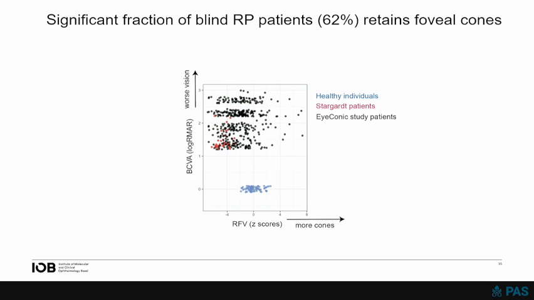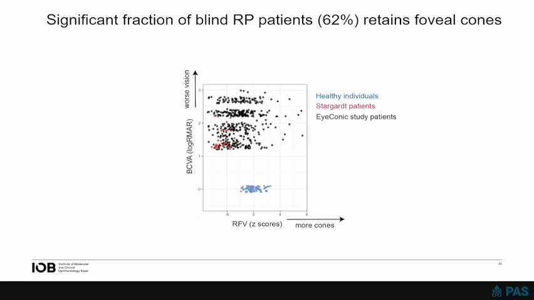And what we stunningly find, so this is an important plot, where this RFE means the cone mass in the center of the human retina in a patient. And what you see on the y-axis is the level of vision. The higher this number, unfortunately, ophthalmologists decided to go this way, the higher the number, the worse the vision.